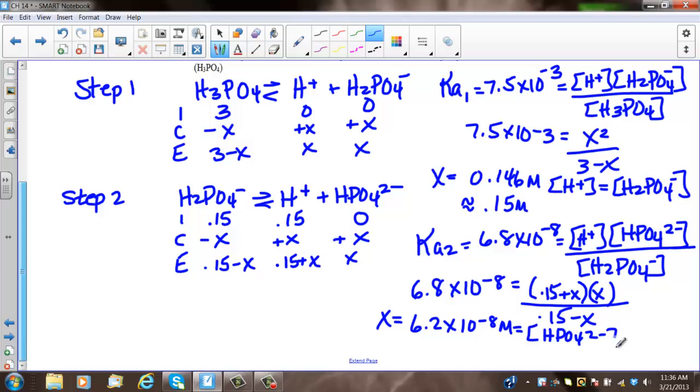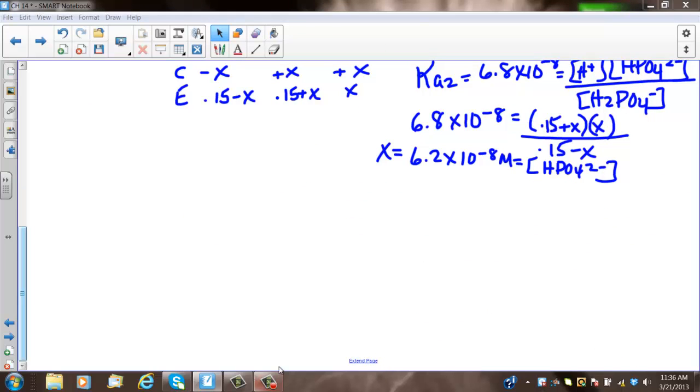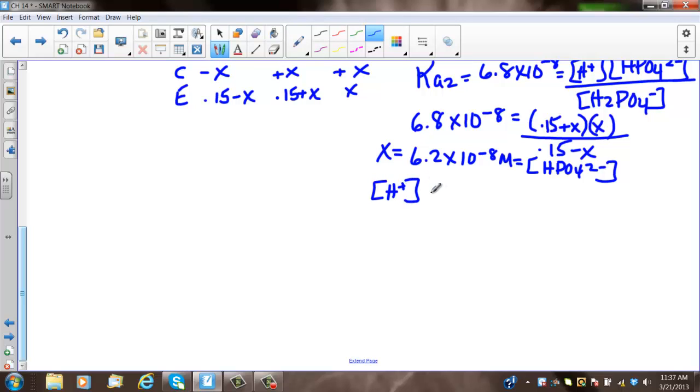and that's equal to our HPO4 2 minus. Now, at this point, you can see the H concentration, as you recall, is going to be equal to 0.15 plus X. Now, I think you can make the intuitive leap here that given that X is 6.2 times 10 to the negative 8th, that's an extremely small value and will really not affect the 0.15 molar to begin with.